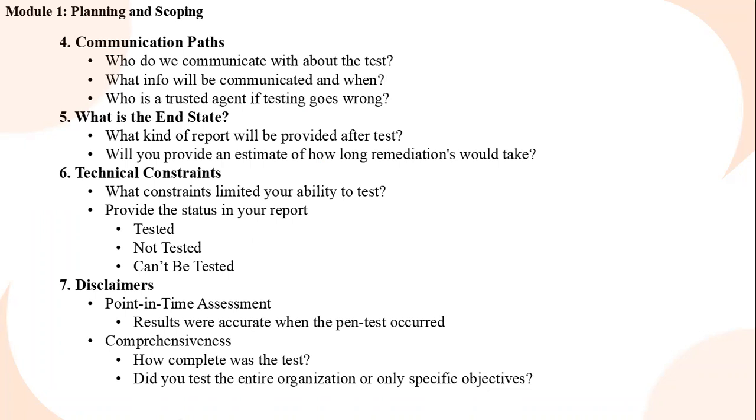Who do you tell? It's not at that particular time that you should say, oh, something went wrong. In that plan and scope, you need to document who you are going to tell if something goes wrong, because these are possibilities.